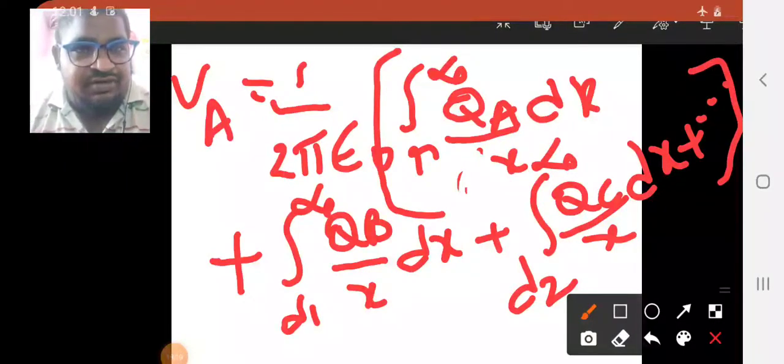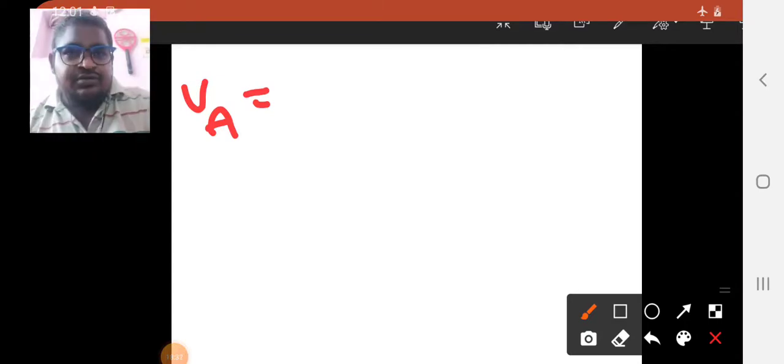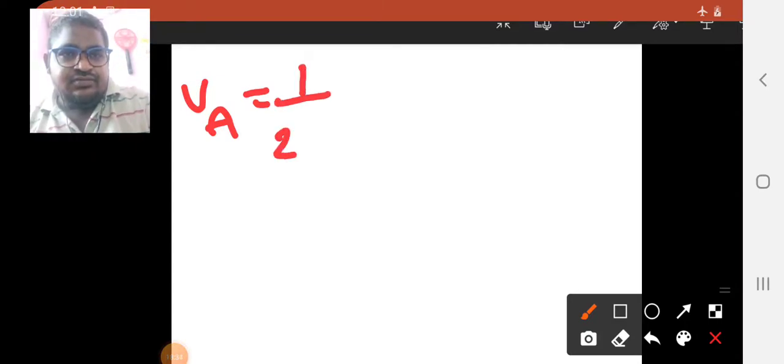What is integral 1 by x dx? Ln x. So here VA is equal to 1 by 2 pi epsilon naught.